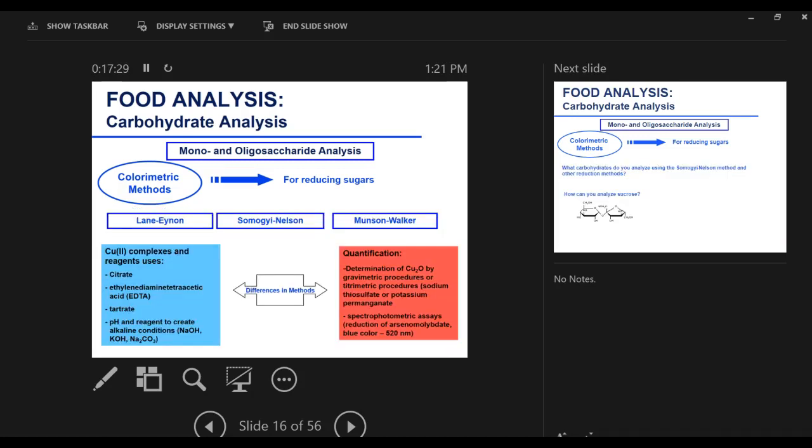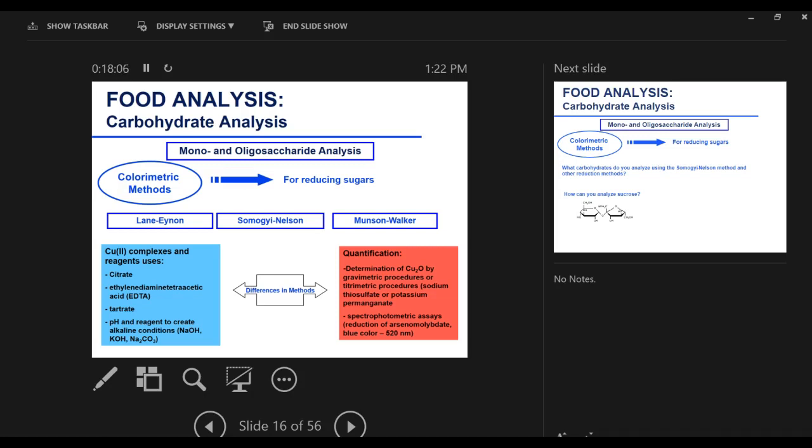So very simple. Okay, the three methods that are often used are Lane-Eynon, Somogyi-Nelson, and Munson-Walker. They're all named after the people that created them. The most common one is Somogyi-Nelson. All of them have cupric ion in alkaline conditions, and then different reagents are used. I don't want you to learn these, but know that these methods differ in the reagents.